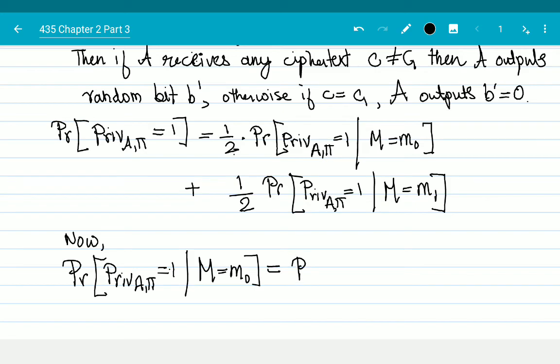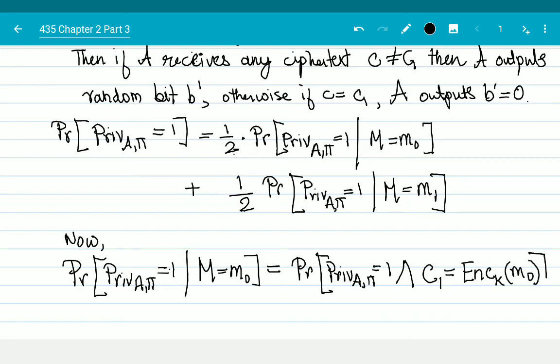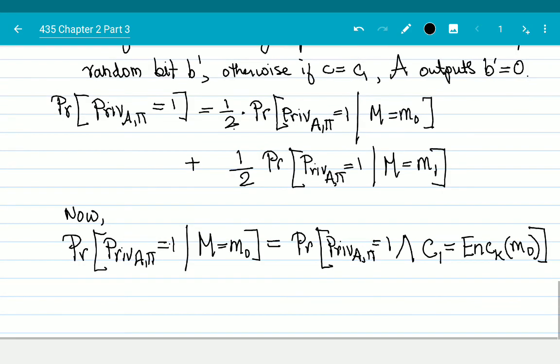This is the probability that the experiment succeeded, A pi is equal to 1, and, where this symbol is and, the encryption was c1, encryption by k of m0, right?